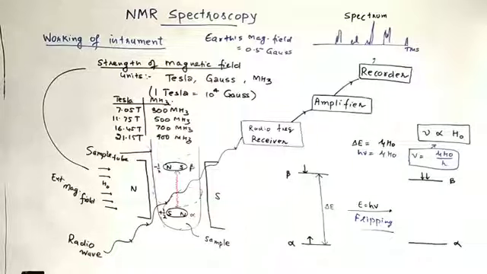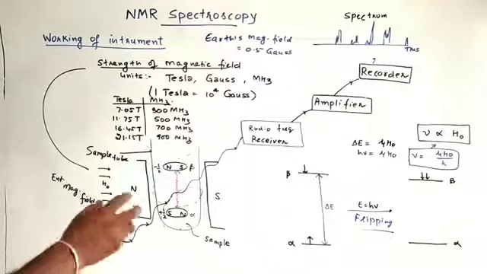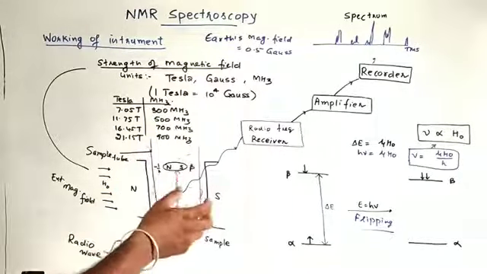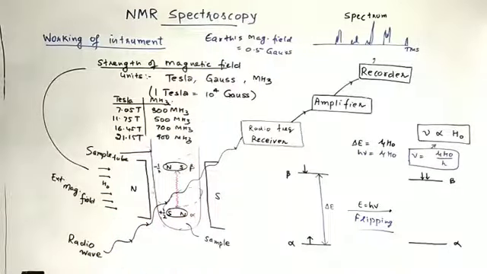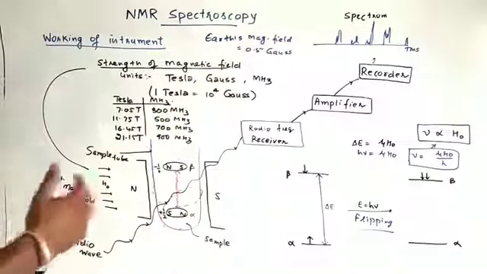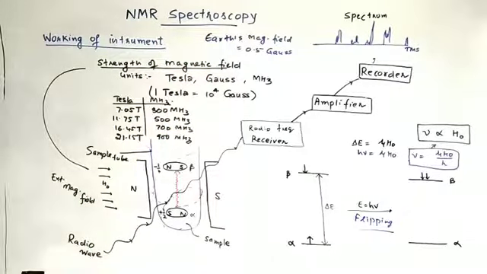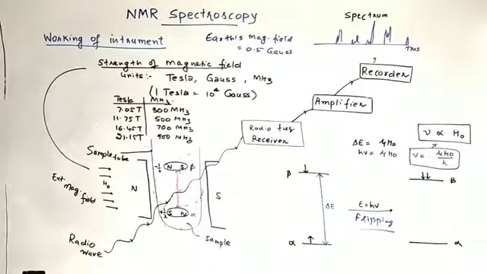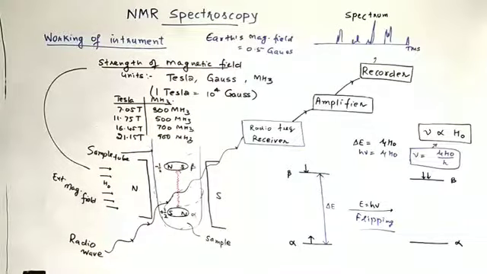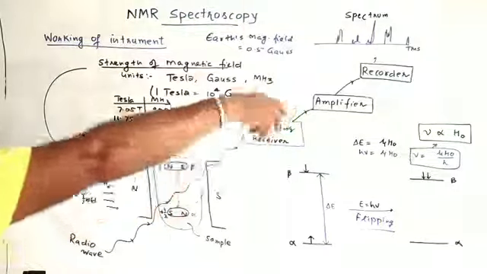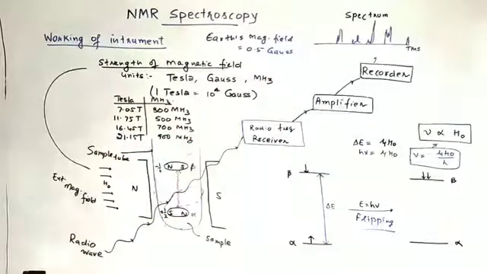When you slowly increase the magnetic field strength, various protons come into resonance with this radio frequency, and peaks appear in the spectrum. In this process, radio frequency is absorbed, and by this flipping of protons, a small electric current is generated in the coil of wire surrounding the sample. That electric current is amplified and recorded by the recorder, the electrical component of this instrument.